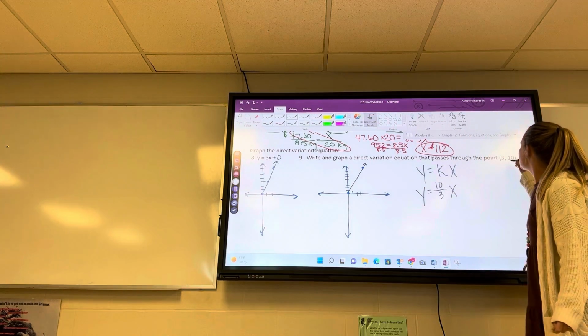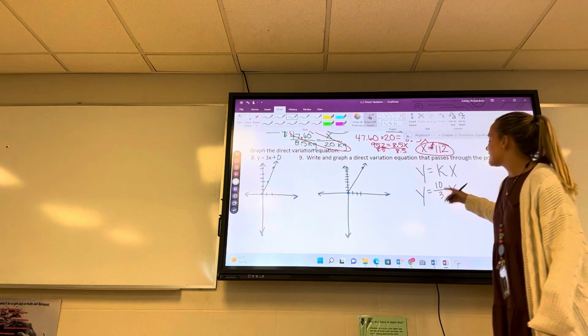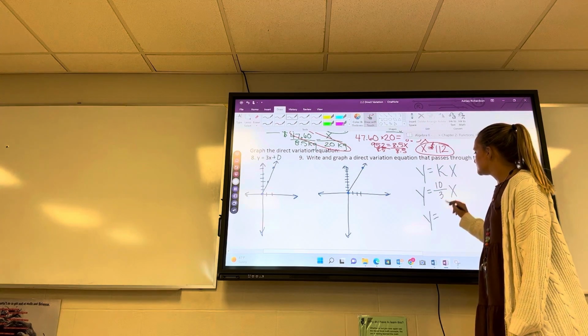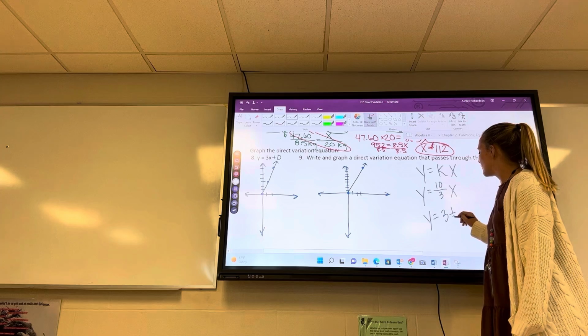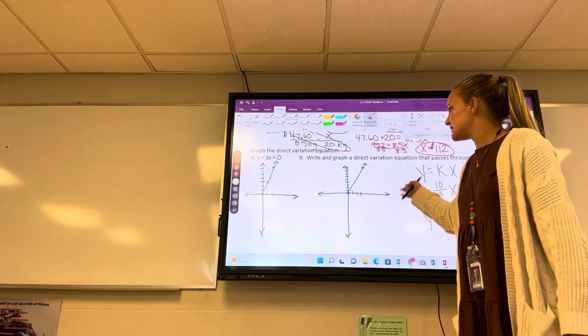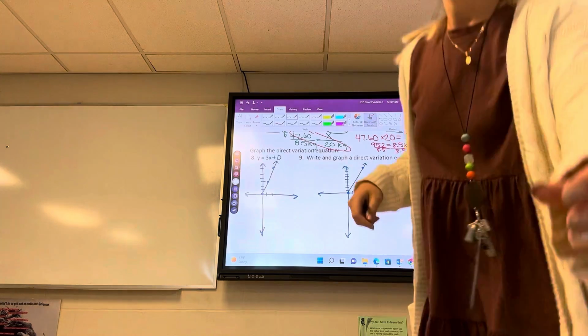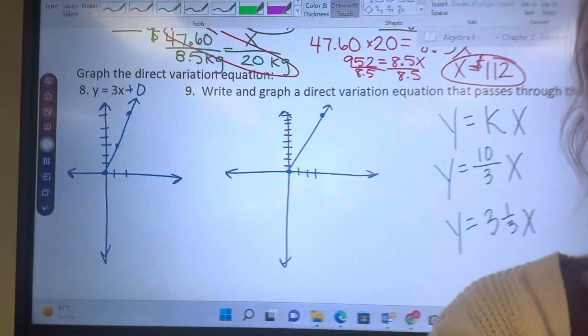Well, y is 10 when x is 3, so it's 10 over 3. And you could rewrite that as a mixed number and do y equals 3 1/3 x. You don't have to do that necessarily in this case because sometimes it's easier to have it as a fraction because it's easier to graph. Okay, so those are my graphs.